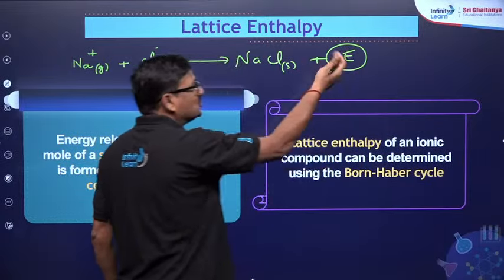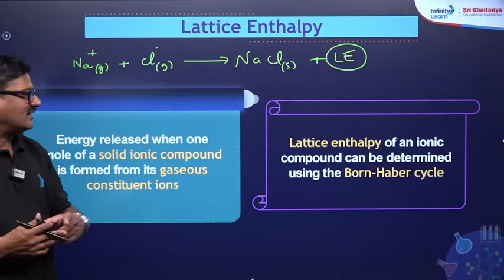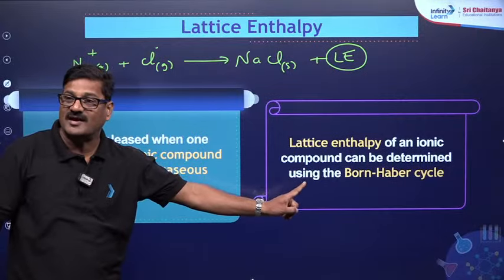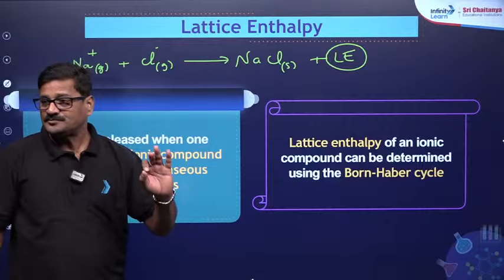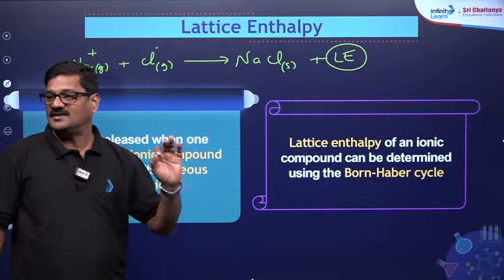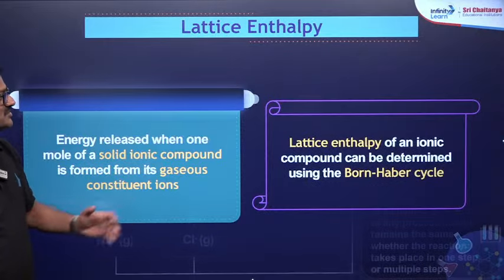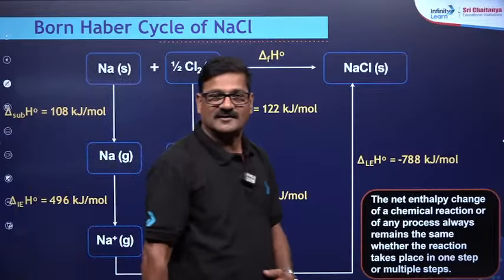That energy released during this process is called lattice energy. Lattice enthalpy of ionic compound can be determined indirectly by using a Born-Haber cycle. Stability of ionic compound is based on lattice energy. Fine, let's start with the Born-Haber cycle for lattice energy to calculate sodium chloride.